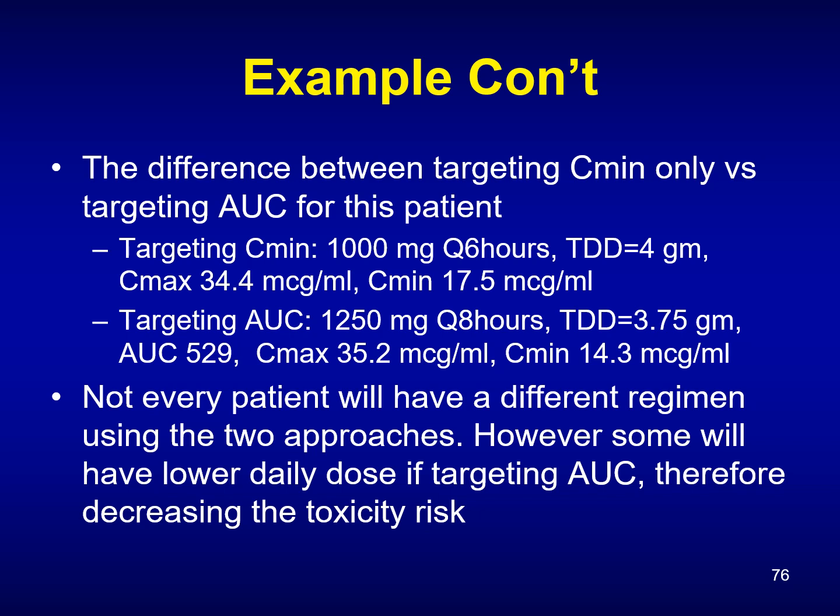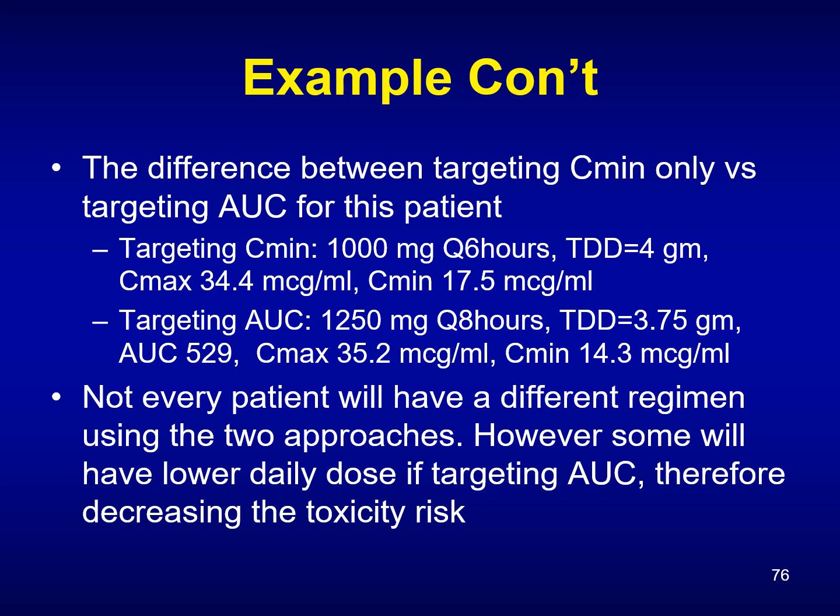As you can see for this same patient, the difference between targeting Cminimum only versus targeting AUC: if we're targeting Cminimum, our regimen is 1,000 milligrams every 6 hours. Our total daily dose is 4 grams, which provides us with a Cmax of 34.4 and a Cminimum of 17.5.